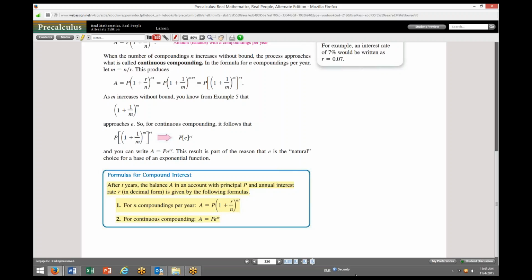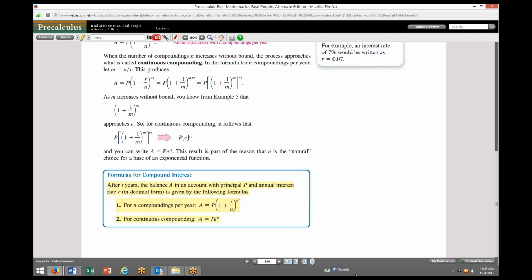If little r, the annual interest rate, was 6.5%, then you would take the 6.5, move the decimal point 2 places to the left, and it would be 0.065. That would be little r.